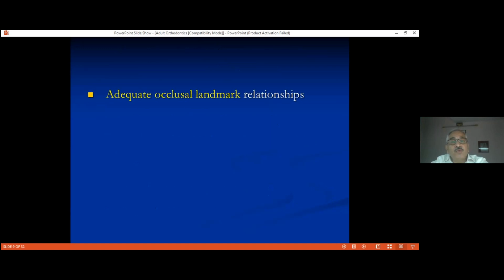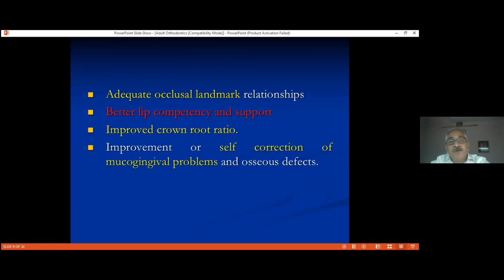Adequate occlusal landmark relationship, better lip competency and support, improved crown root ratio, and improvement or self-correction of the mucogingival problems and the osseous defects.